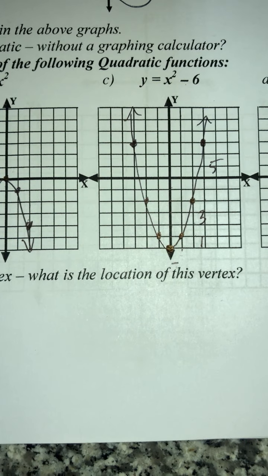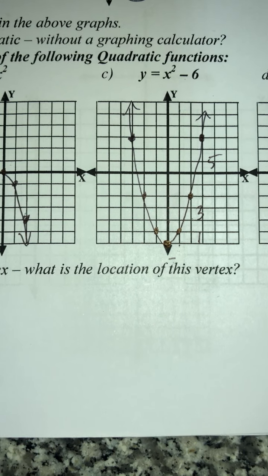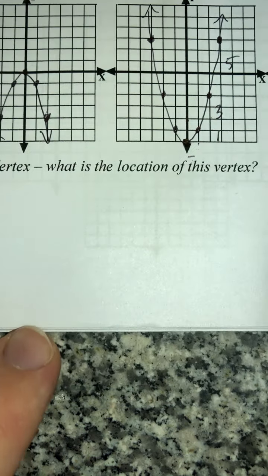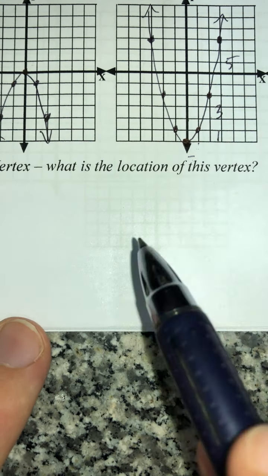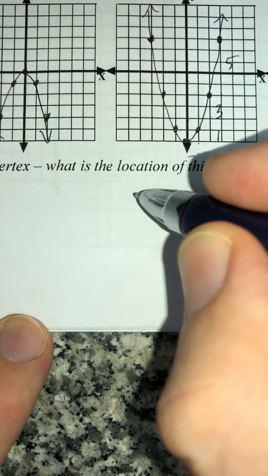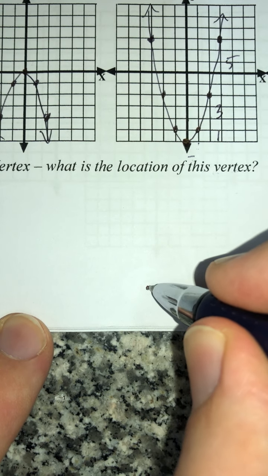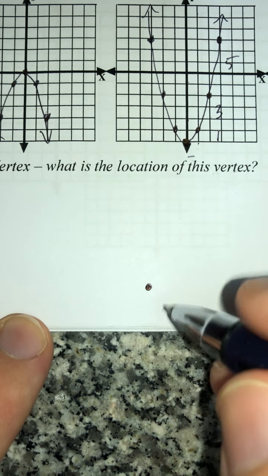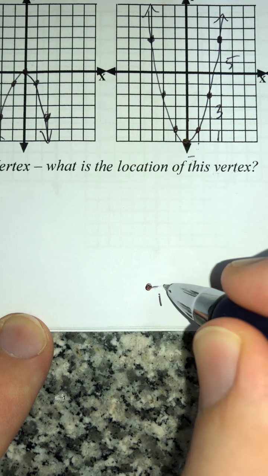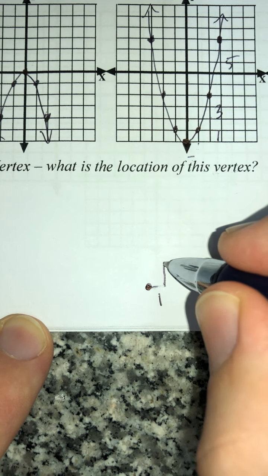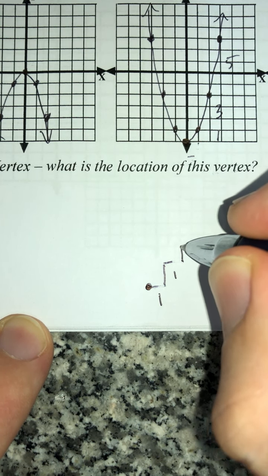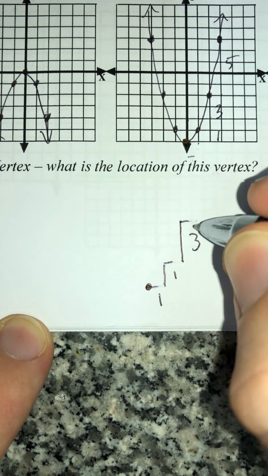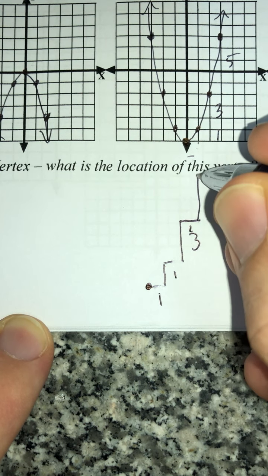So basically, what you can do is, wherever your vertex is, so let's say here's my vertex, I'm going to be moving out 1, up 1, then out 1, up 3, out 1, up 5.